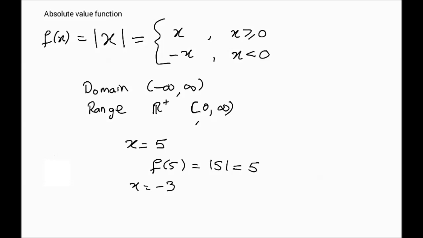So f of minus 3, which is the absolute value of minus 3, which we know is 3, but let's just apply the formula. It's going to be negative of minus 3, the value of x, which is equal to 3. Therefore, the absolute value function always returns a positive value.